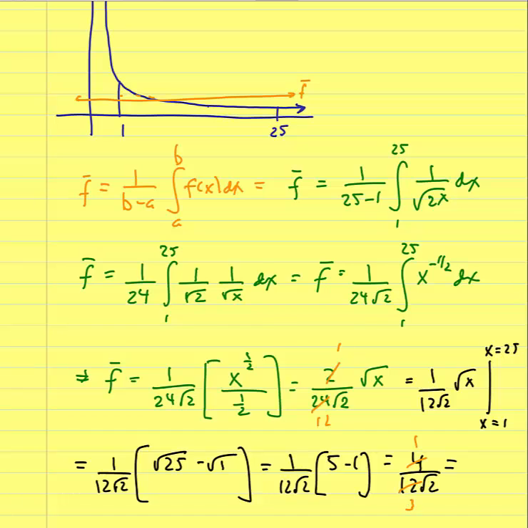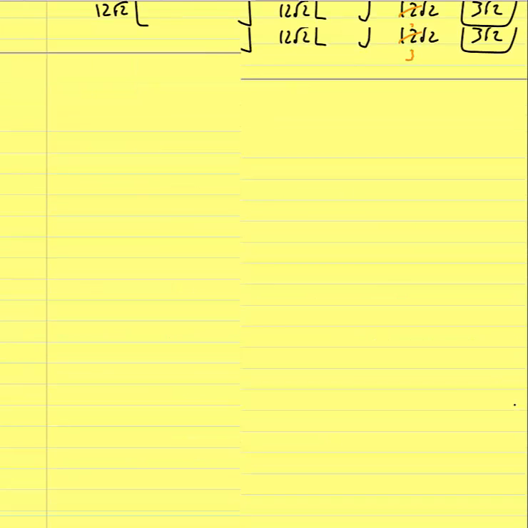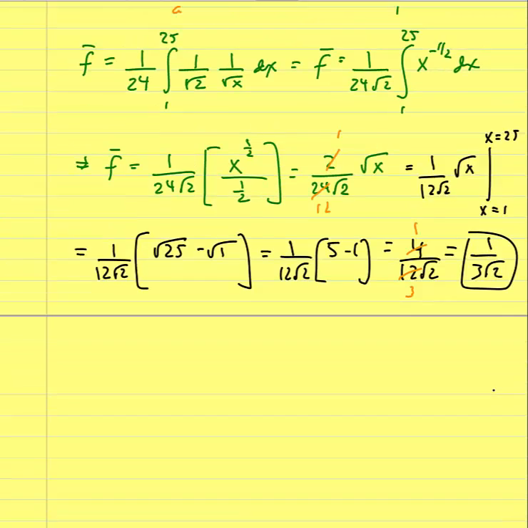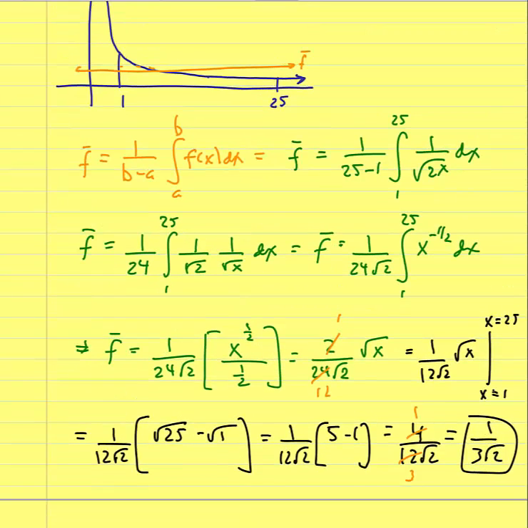So this looks like 1 over 3 root 2. That is not my area, that's the average value of my function. So, kind of running out of room here. That's telling me that f bar is 1 over 3 root 2.